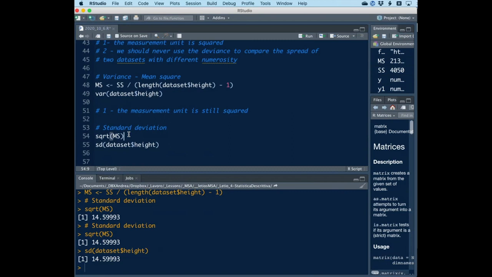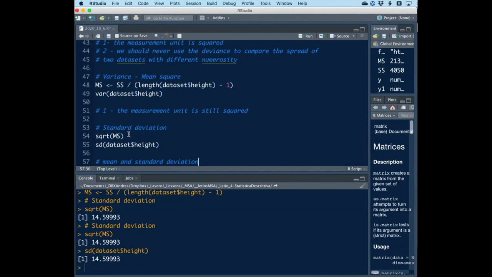So, how do we describe the data? Our way to describe the data is something like this: mean and standard deviation. All the other measures are important, but to describe the data, location and spread, what we normally do is use the mean and standard deviation.